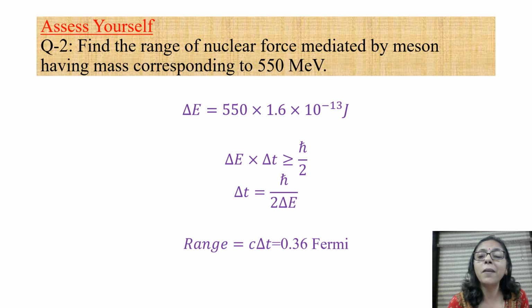So what do you get for the value of delta T? It comes out to be h cross upon 2 delta E. And once you get the value of delta T, I know finding out the range would not be much difficult, because range would be nothing but c delta T, right? Because velocity is displacement upon time, we all know that. So range is c delta T and you get the value equal to 0.36 Fermi.